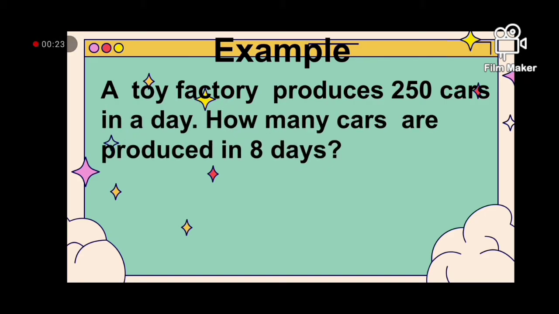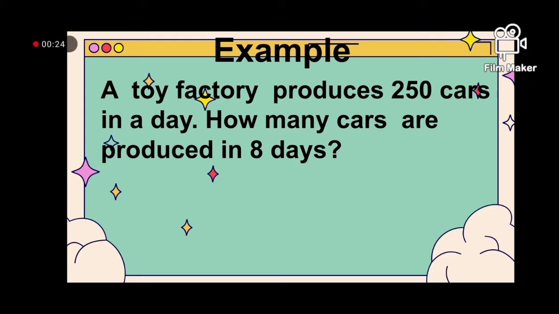Now, how many cars are produced in 8 days? In this example, we know that the toy factory produced 250 cars in 1 day, and it is very easy for us to find the number of cars produced in 8 days.